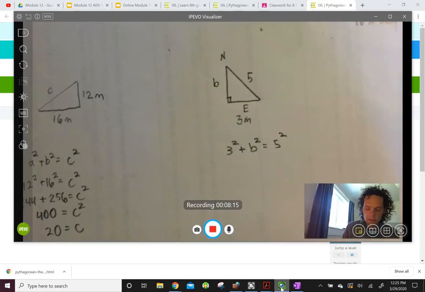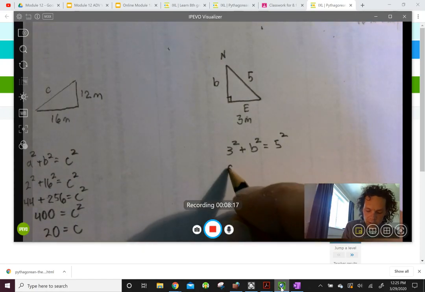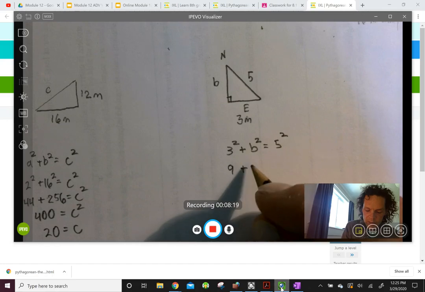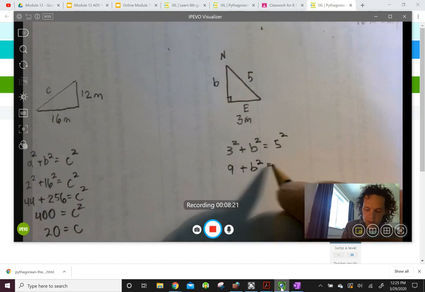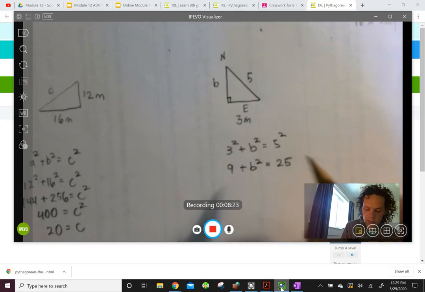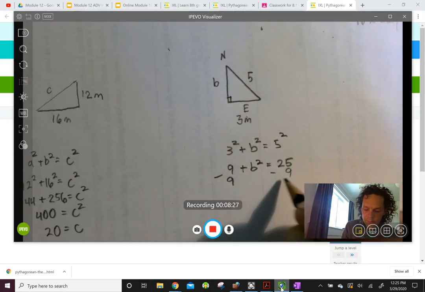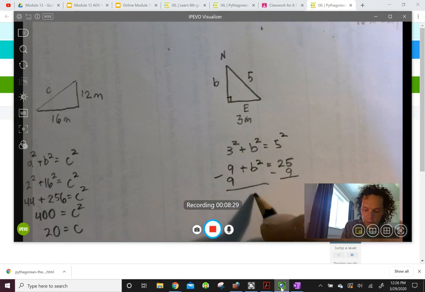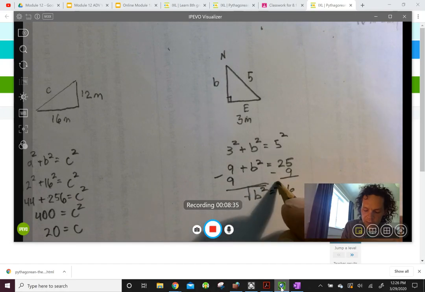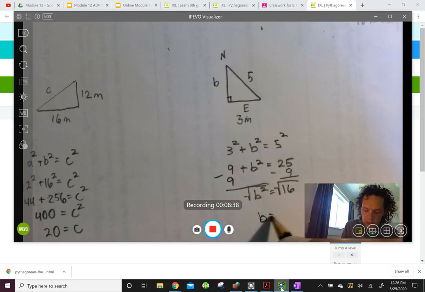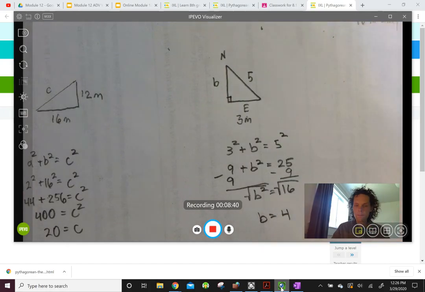So I already know this is going to be a 3, 4, 5 triangle. I can tell just by looking at it because 9 plus b squared is equal to 25. I subtract 9 from both sides, and I find that b squared equals 16. If I take the square root of both sides, I find that b equals 4.